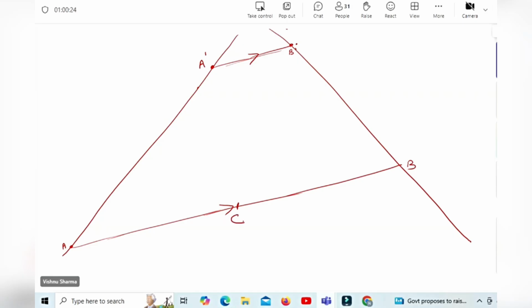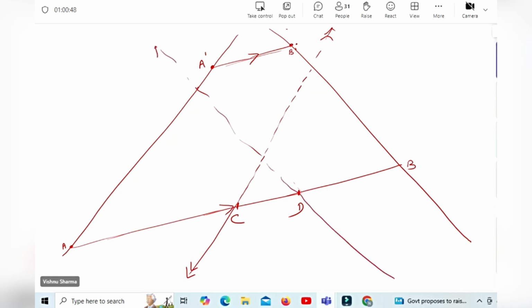Let's say this is C and this is D. Now, if I transfer the first PL through C, the first PL will come somewhat like this. If I transfer the third PL through D, the third PL will come somewhere here, transferred. And this will be point E.